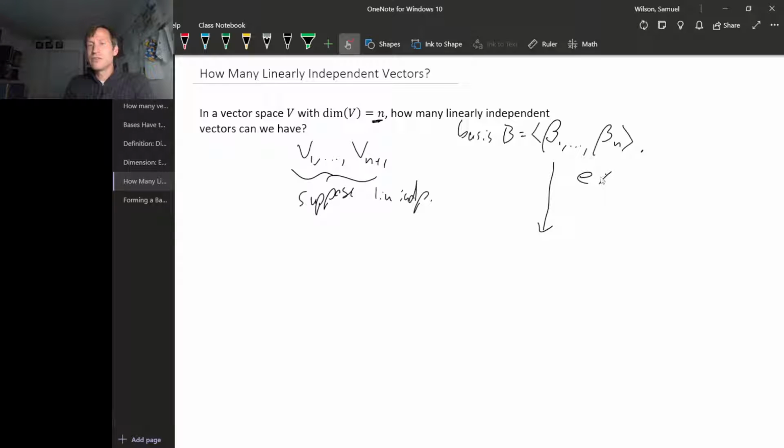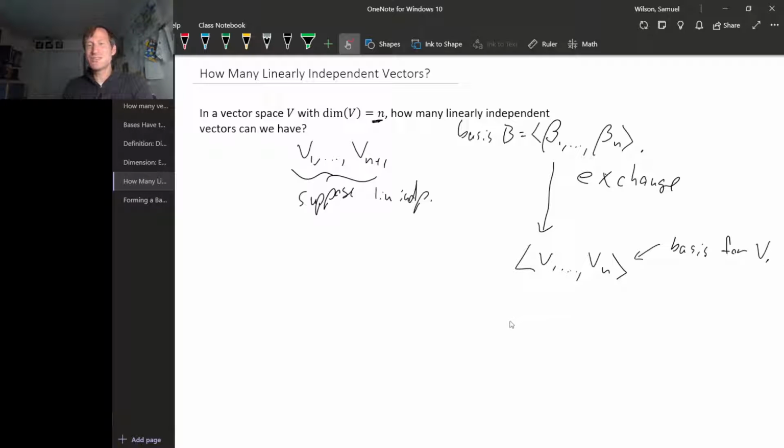Okay, so we can one by one replace the betas with v's by doing the exchange theorem, and what we'll do is transform this basis with betas into a basis with v's, right? And the exchange theorem will tell us that this is a basis for V.